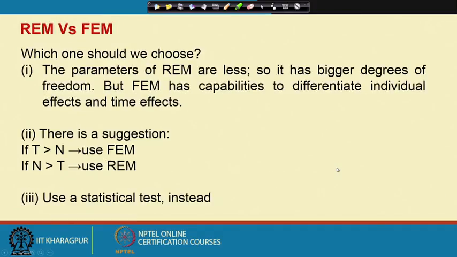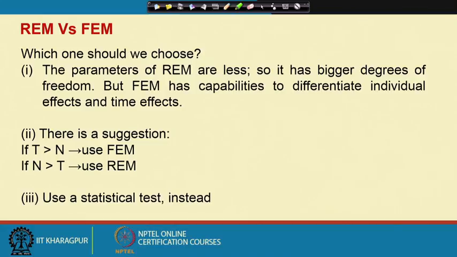Now between random effect model and fixed effect models, there are lots of criteria for which one is the best, but on theoretical grounds the choice depends upon the size of t and n. So, t represents the time length and n represents the cross sectional length.